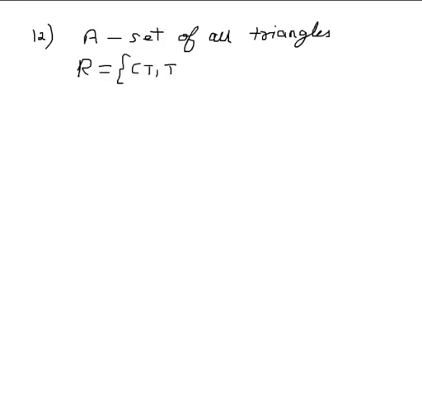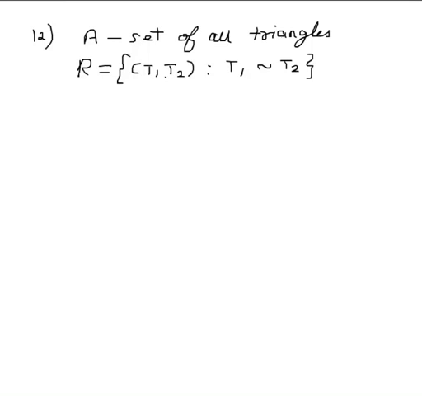Question 12. Show that the relation R defined on the set A of all triangles. A is the set of all triangles, and the relation R is the set of all T1, T2 such that T1 is similar to T2.